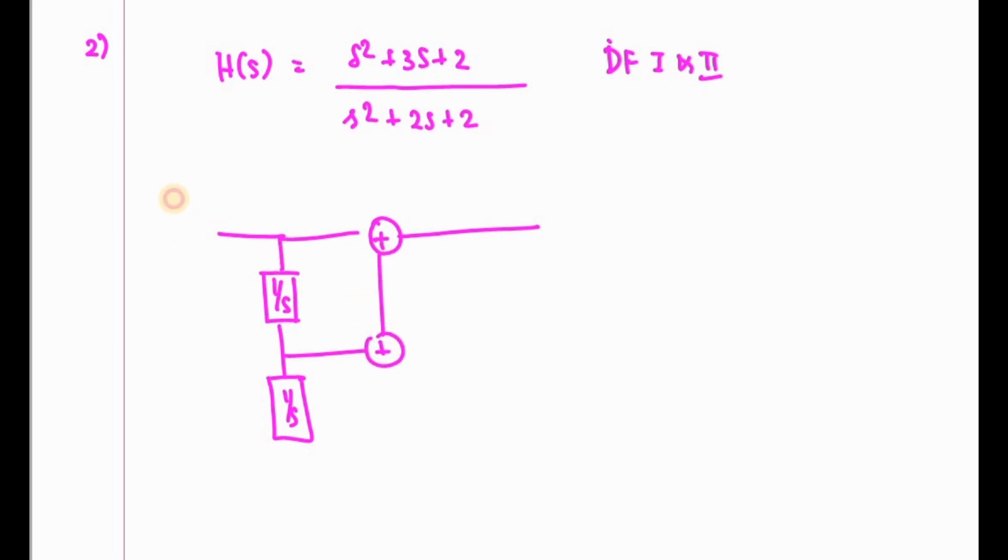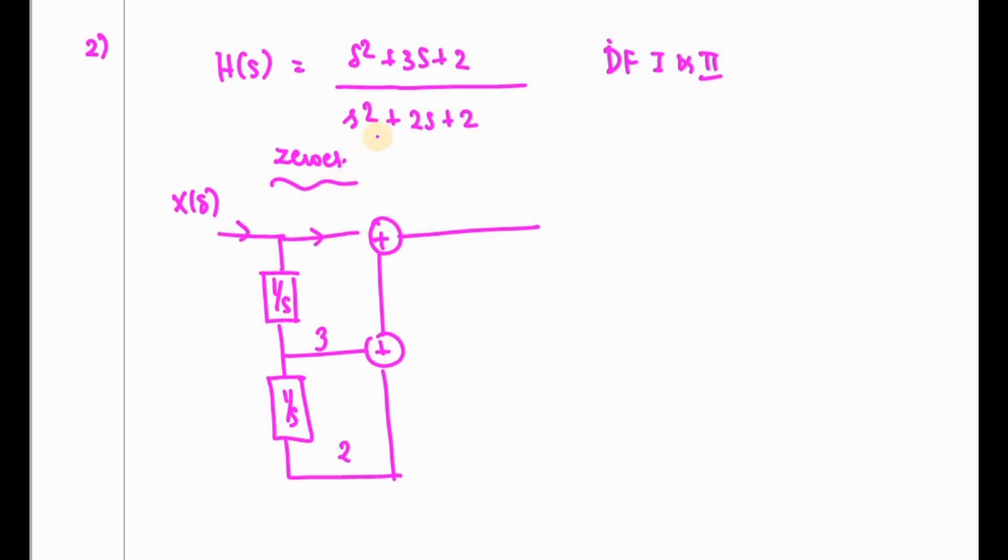So this is your zeros, right? So zeros means you have to consider the numerator. So this becomes 2 divided by s square. So this has to be 2 and this has to be 3, right? Because 3 by s you have 3 by s, right?